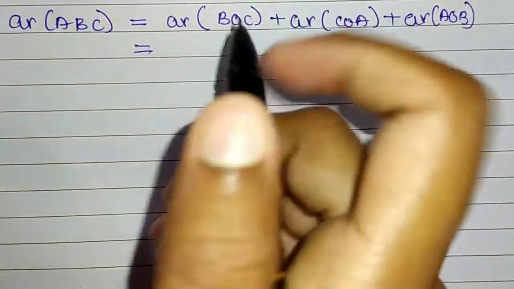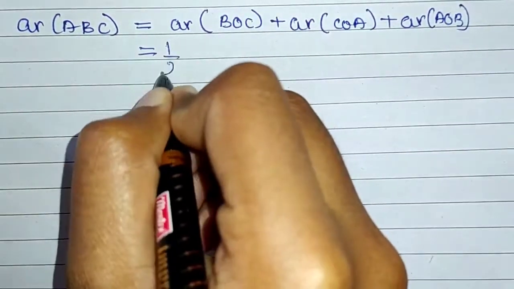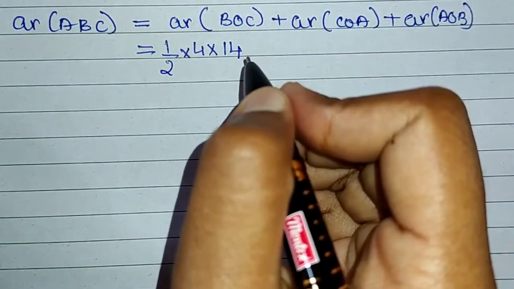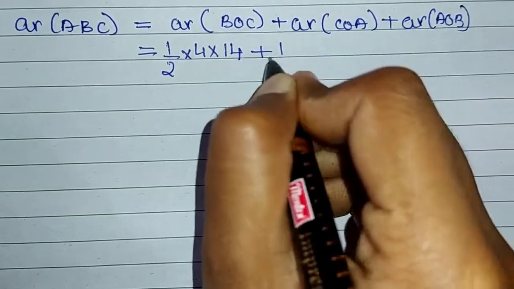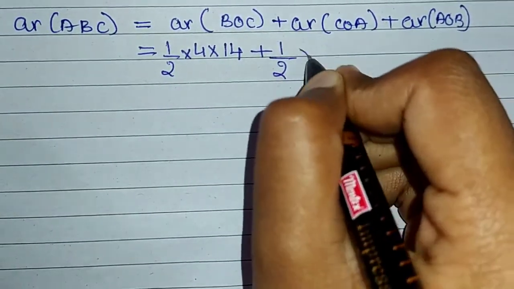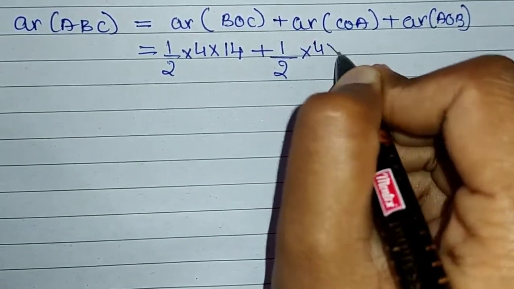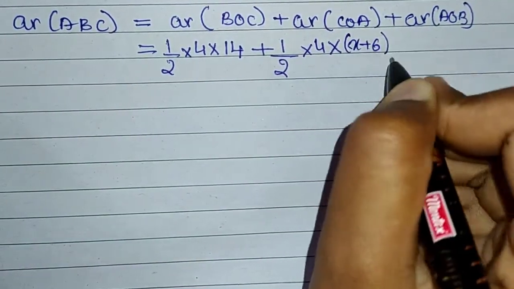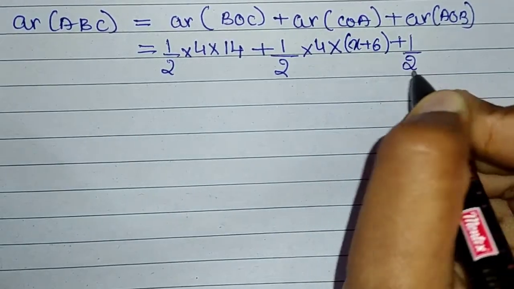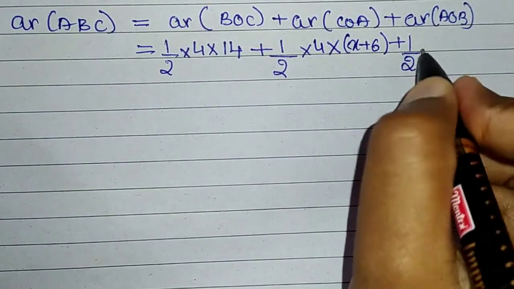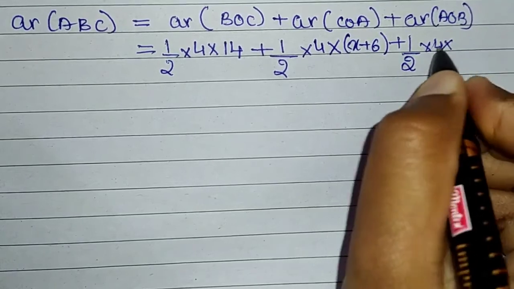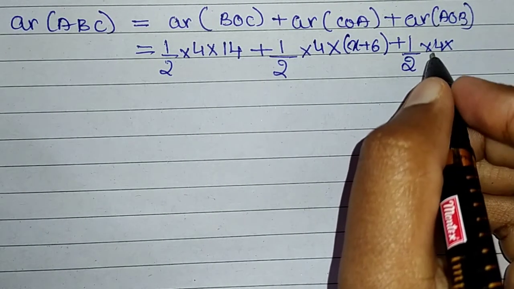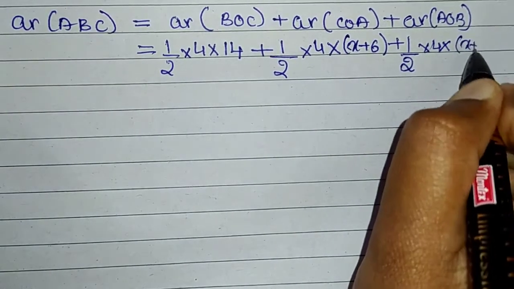So in triangle BOC, its area is half into 4 into 14 because BC is 14 centimeters. Plus in triangle AOC, half into 4 into height, 4, into AC, which is x plus 6. And lastly in the triangle AOB, half into 4 into the length AB, and AB is equal to x plus 8.